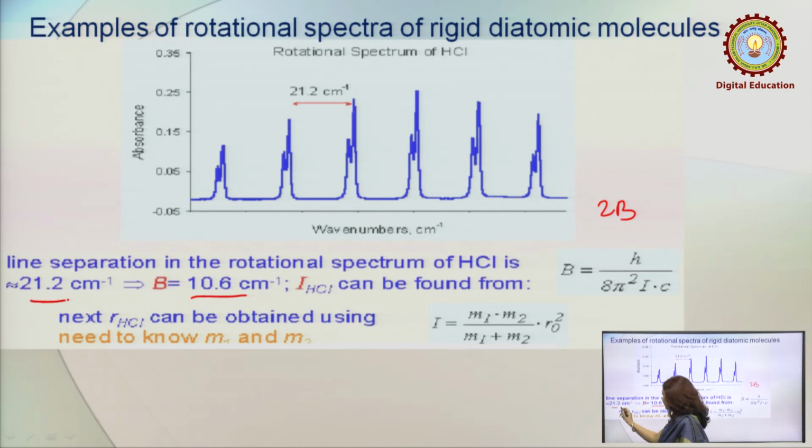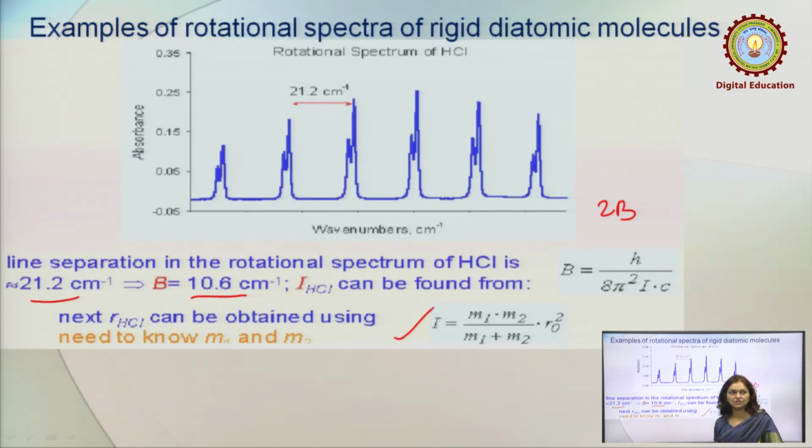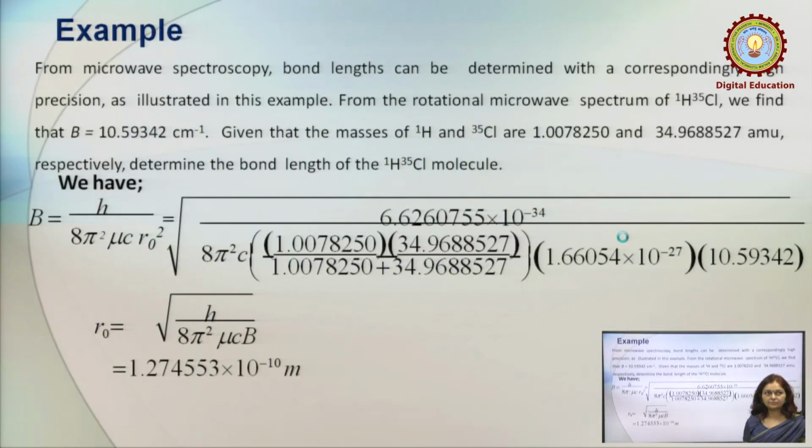If it is given as 21.2 centimeter inverse, it means B is equal to 10.6 centimeter inverse. With the help of the formula of moment of inertia and the rotational constant, we can calculate the moment of inertia and rotational constant of a molecule.